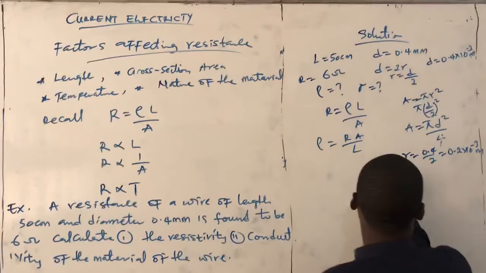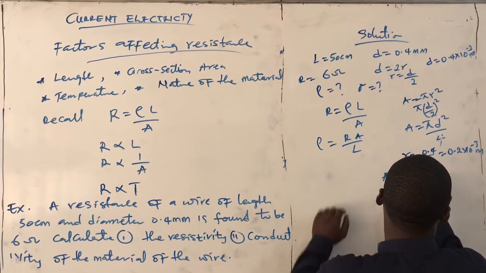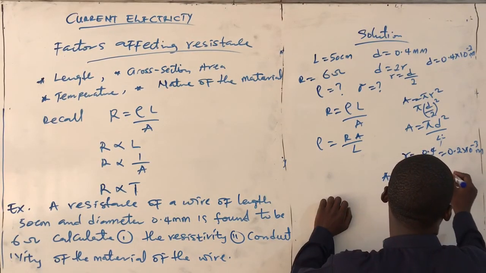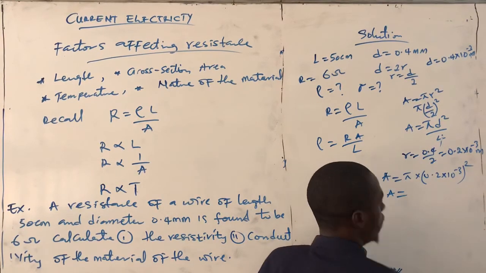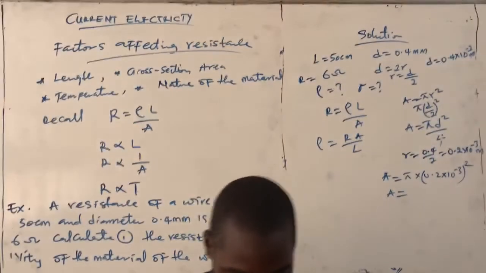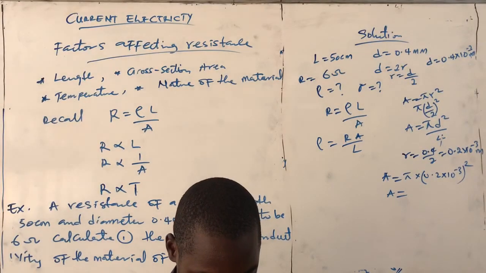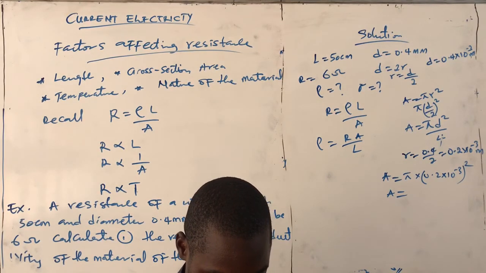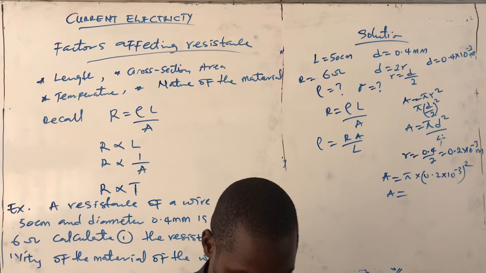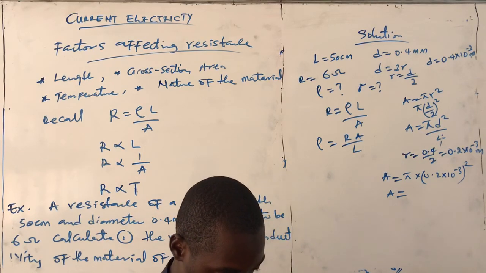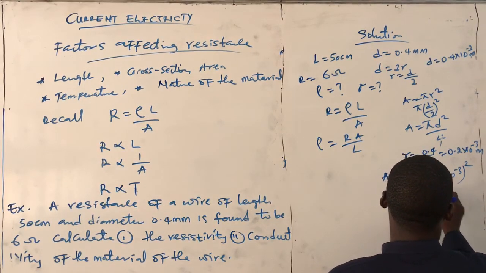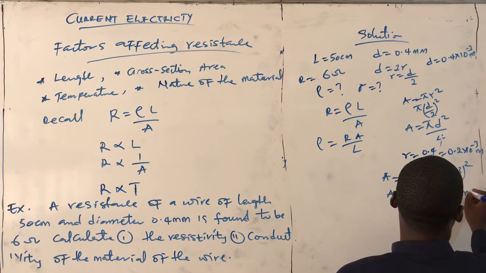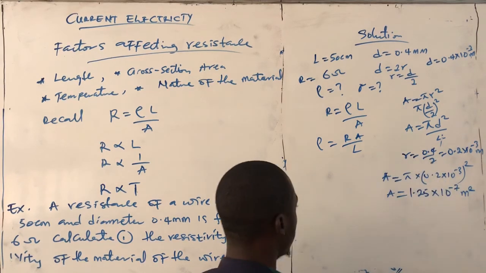So my area is pi times (0.2 times 10 raised to power minus 3) squared, which is 1.25 times 10 raised to power minus 7 meter squared. So this is our area.